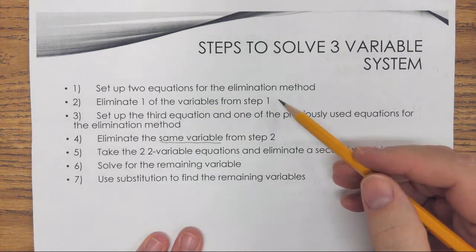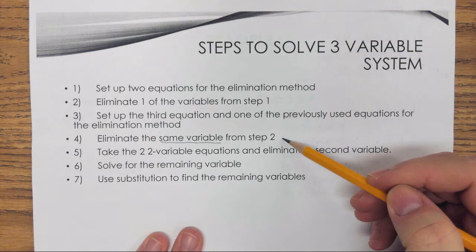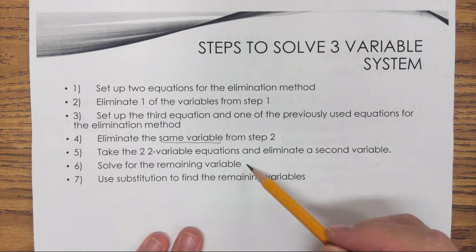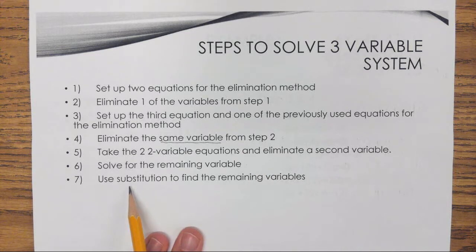So if you eliminated y here and y here, then you're going to pick x or z in this one, and you're going to eliminate one of those 2. Okay. Then finally, after you have one of your variables solved for, you're going to be able to use substitution in order to find the last couple variables. Okay.